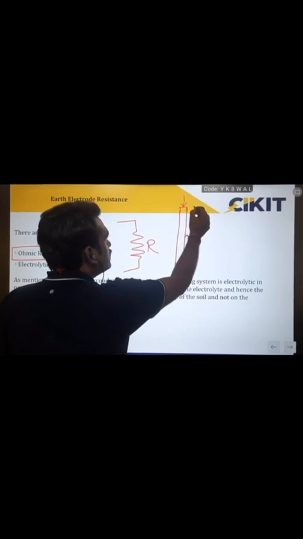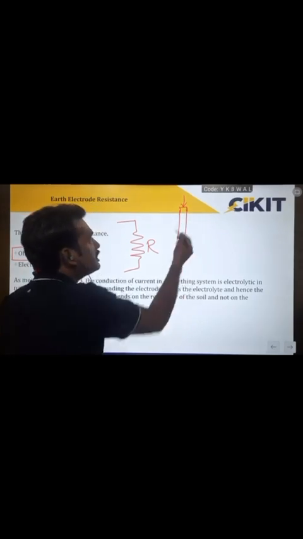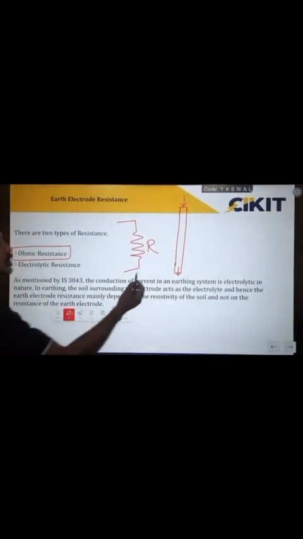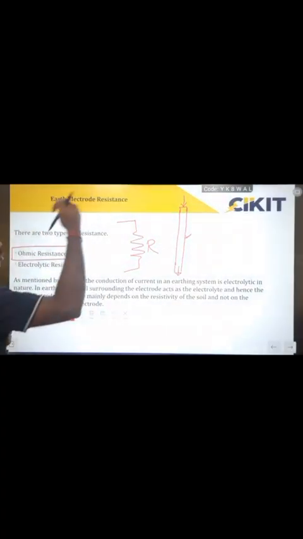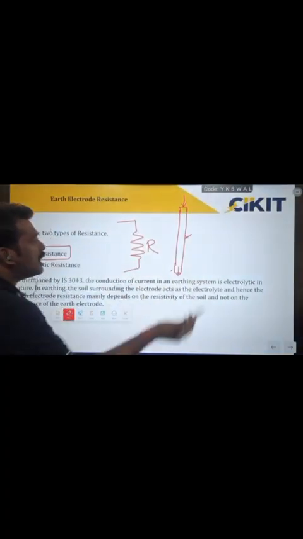If the current is entering at this point and traveling through this conductor, the conductor will provide some opposition. That is called ohmic resistance. It is the resistance offered by this material to the current flow from one end to the other, and here the entire conduction is taking place in the same material only.